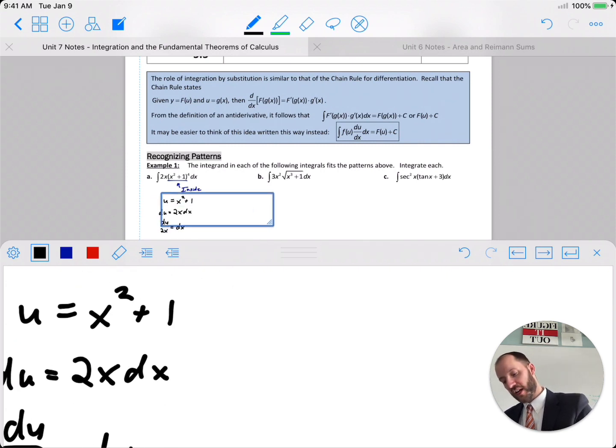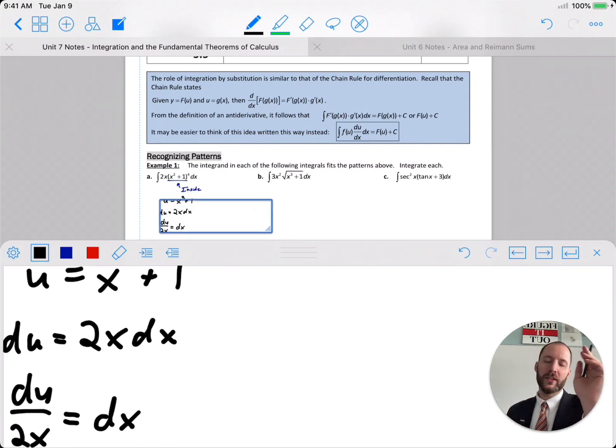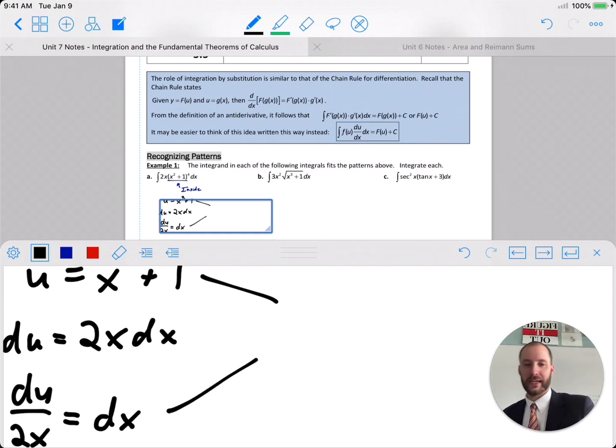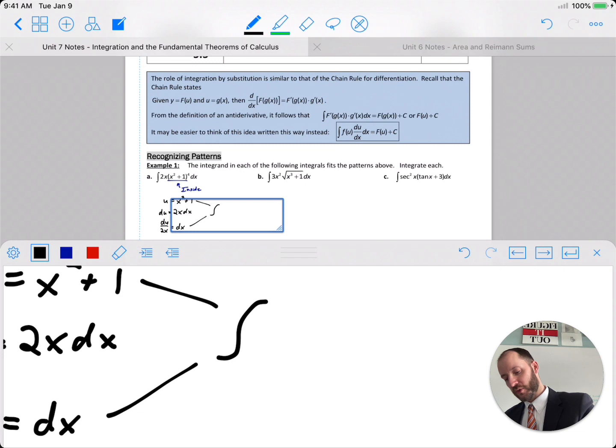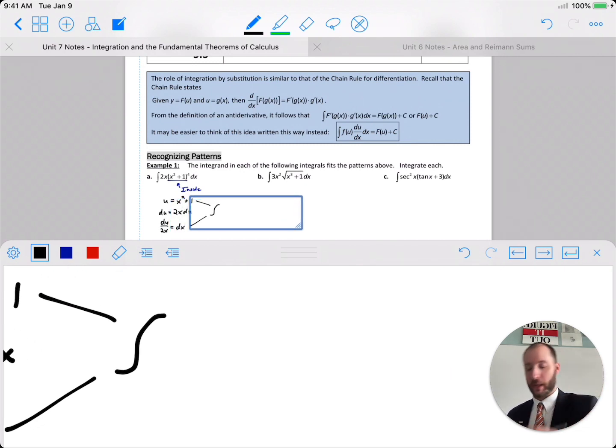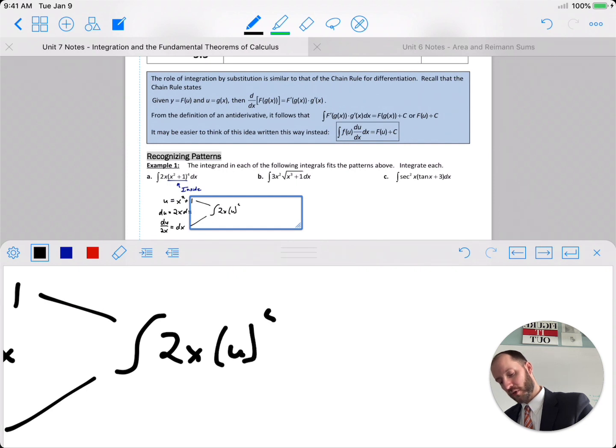And then chain rule, U-sub works by taking all this work, take the first line, the u equals, and the last line, the dx equals, and substitute those into your original problem. So the indefinite integral of 2x, quantity u to the fourth, dx over 2x.